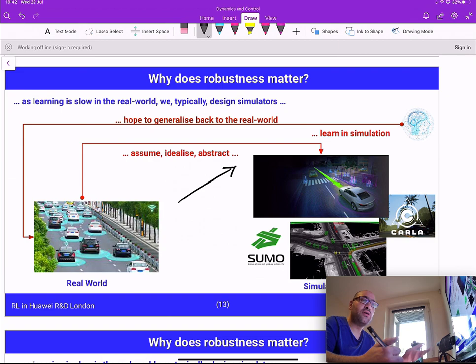There are tons of simulators for self-driving cars. I'll just give some examples here: CARLA, SUMO, and other types of simulators. These simulators, of course, are not the real world. They are an abstraction of the real world, and they make assumptions and idealizations. But the goal of building your simulator, apart from understanding real-world phenomena, is to learn in this simulator.